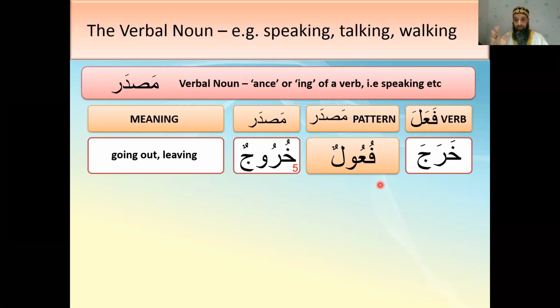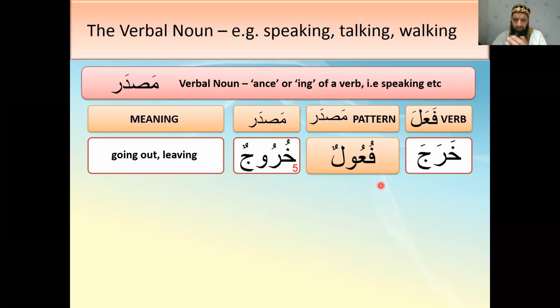So when you learn a verb, for example, kharaja, yakhruju, khurujun. That's how you learn verbs in Arabic. There's a bit more, but for now, kharaja, yakhruju, and you learn the masdar with it. Then you know what pattern goes with kharaja. So that's how you do it.